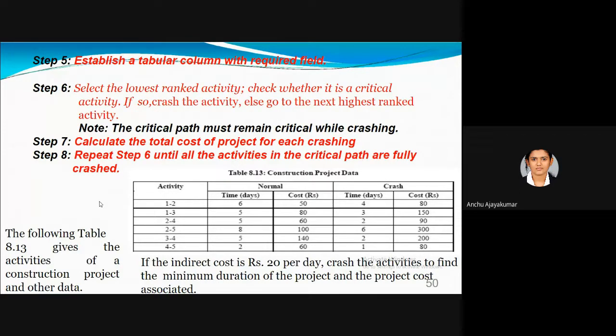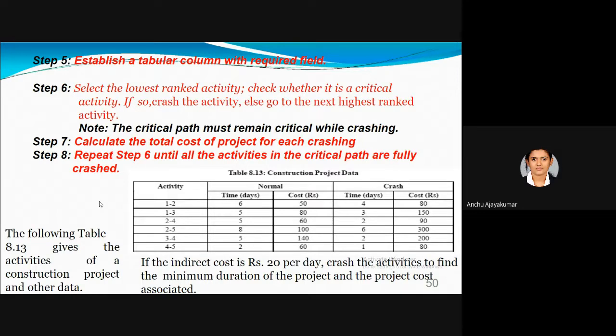We have 2 types of cost, direct cost as well as indirect cost. Direct cost is the cost of equipment and all those things. But indirect cost is not directly related to construction, but is indirectly related. Like we have a congested construction site, and we are using a nearby site for our loading activities, and we are paying rent per day.